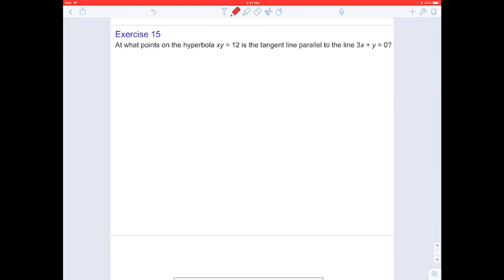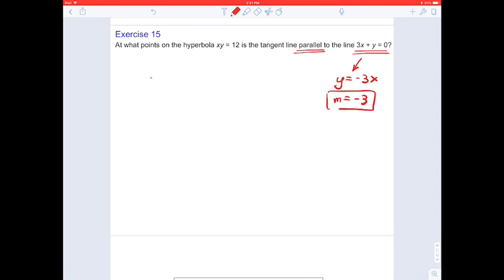Question number 15. At what points on the hyperbola xy equals 12 is the tangent line parallel to the line? Okay, we know again that parallel lines have the same slope. The slope of this line looks like it's negative 3.